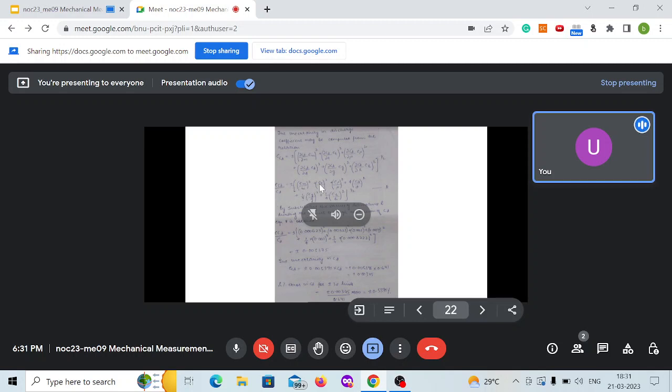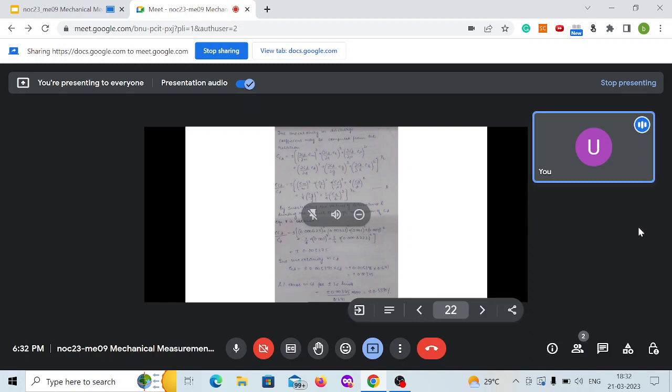So it can be simplified as below. Dou CD by dou m into uncertainty of mass flow, the whole square will become uncertainty of mass by mass the whole square, plus uncertainty of temperature by temperature the whole square, plus uncertainty of density by density the whole square. Then for diameter, then for g, and then for head.